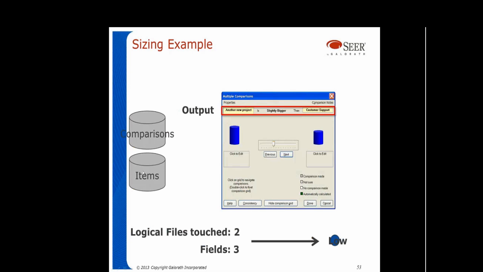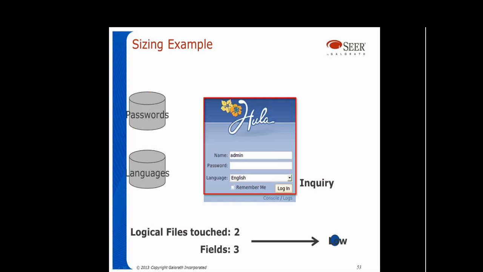We're just looking at the output example here. 3 fields, this one, this one, this one, low complexity. 2 databases, 3 fields, two sets of logical data, I should say, low.